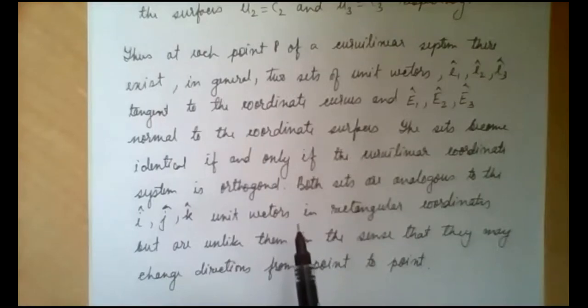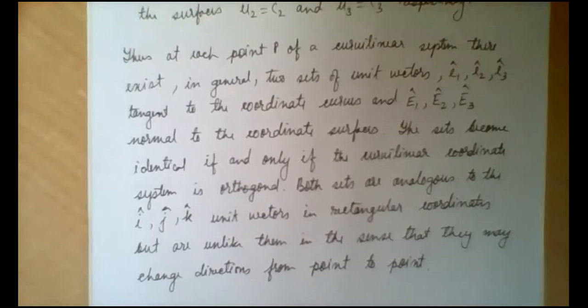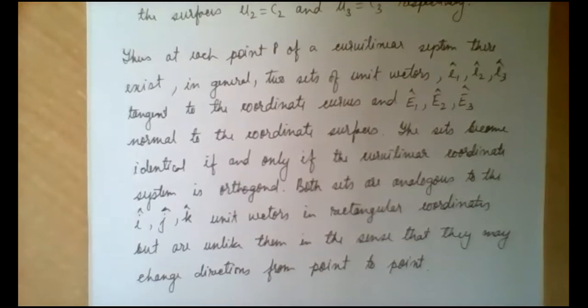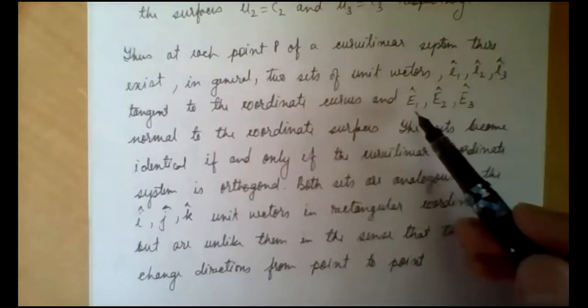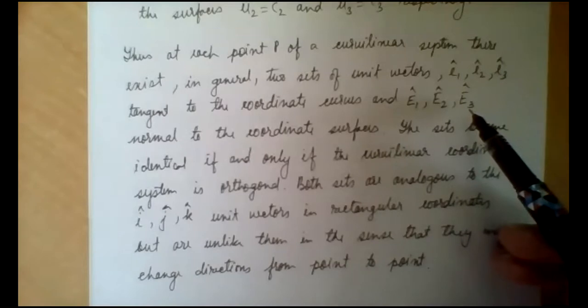For example, in the rectangular Cartesian coordinate system, the XYZ system, the three surfaces, x equal to constant plane, y equal to constant plane, z equal to constant plane, are orthogonal to each other. Therefore, the XYZ coordinate system, which is the Cartesian coordinate system, is an orthogonal coordinate system. So for the XYZ coordinate system, small e1, small e2, small e3 are the same as capital E1, capital E2, capital E3.